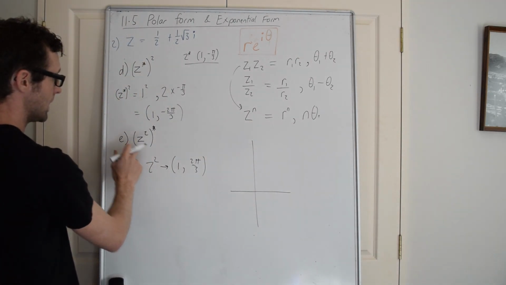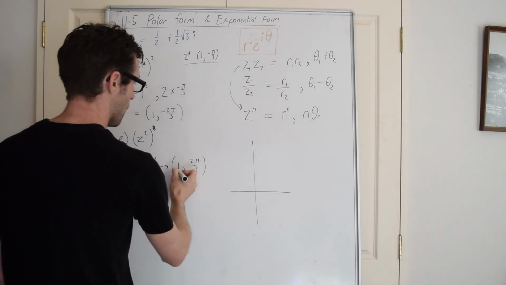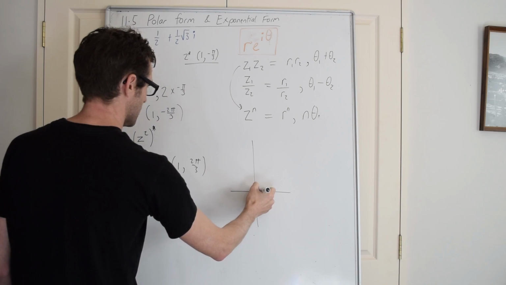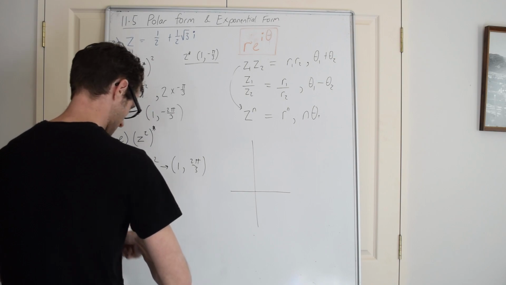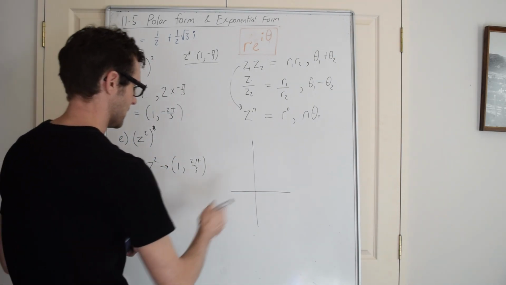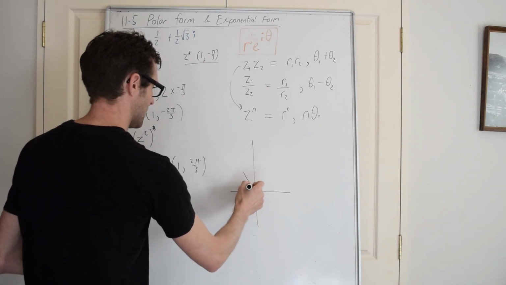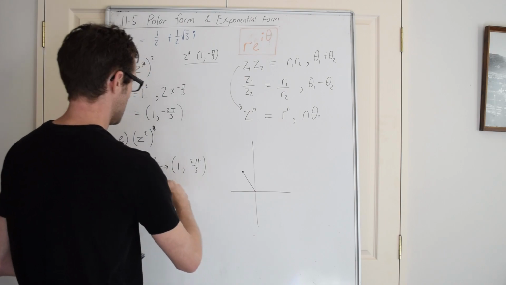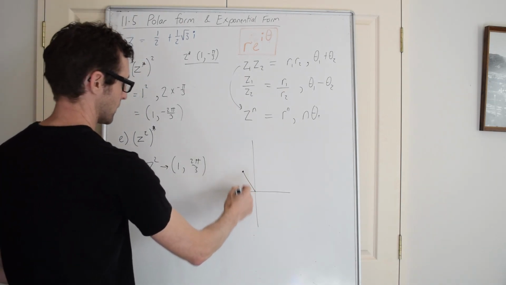Where's 2 pi over 3? It's probably up this way somewhere, isn't it? Right? Okay, so up there. Well, the complex conjugate is just reflected this way.